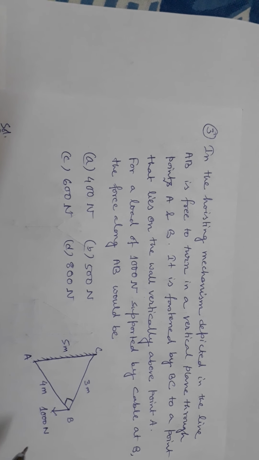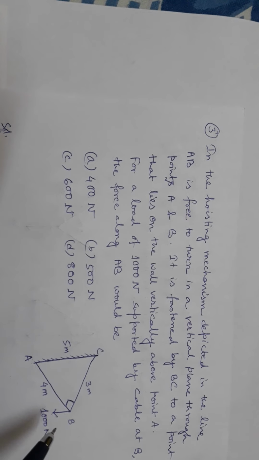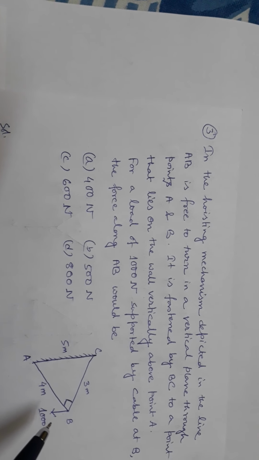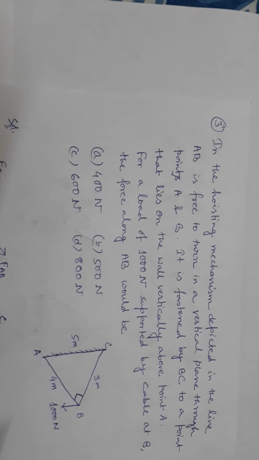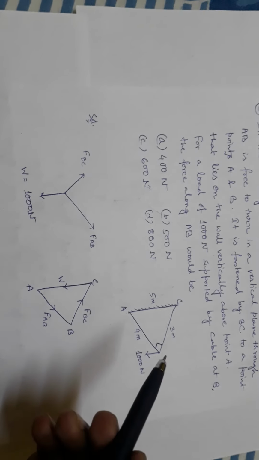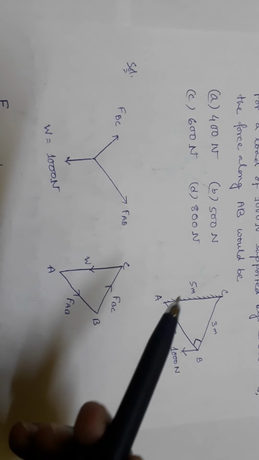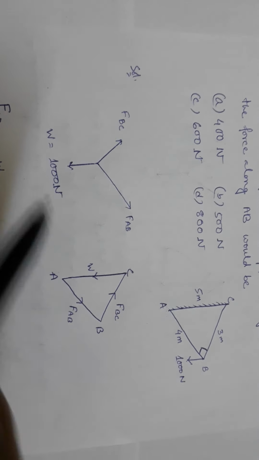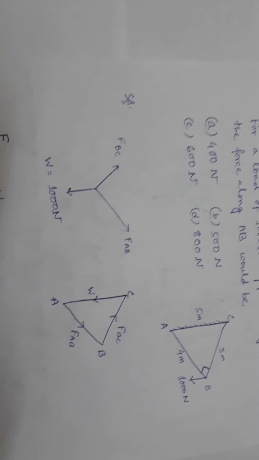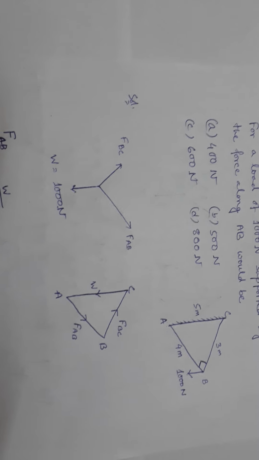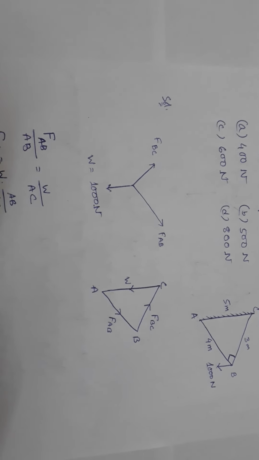The force along AB. So you have to find out the force along AB. From this main diagram, you can simplify it as a free body diagram. This is the free body diagram. From this free body diagram, let's focus on the problem.